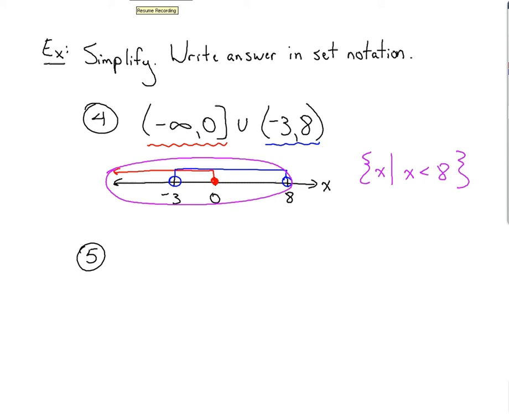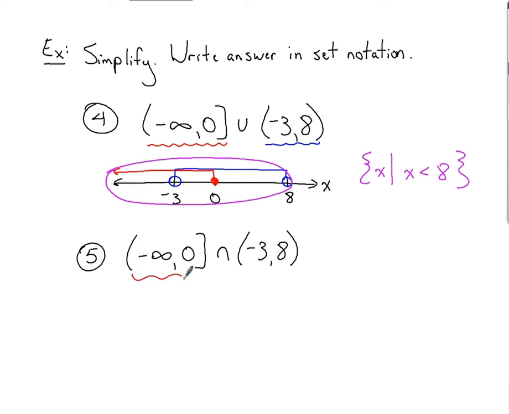Okay, so if we look at the opposite idea here and we do an intersection problem, in the interest of time, let's stick with the same intervals. So negative infinity to 0 included, only this time it's intersecting with an interval of negative 3 to 8. We've already mapped out these two above.